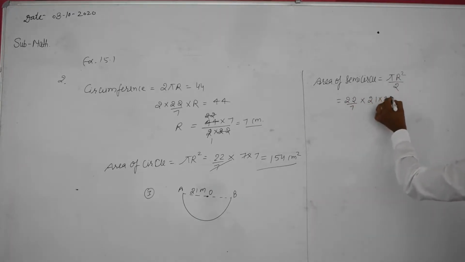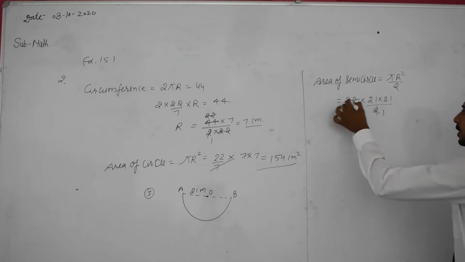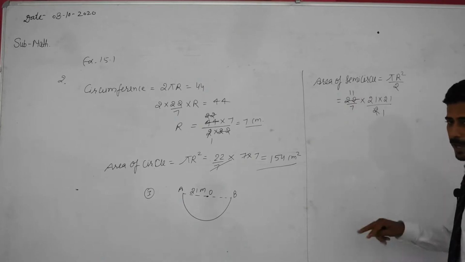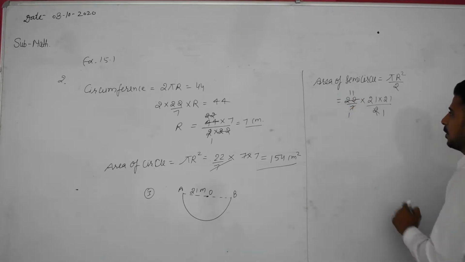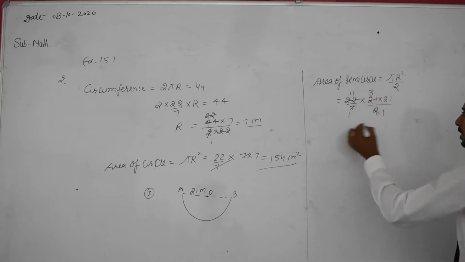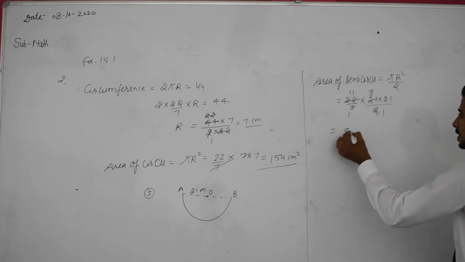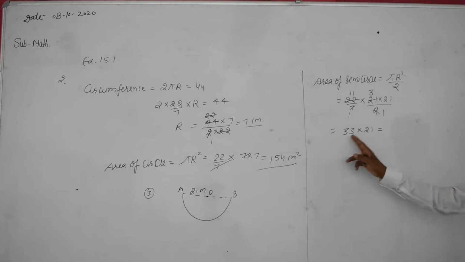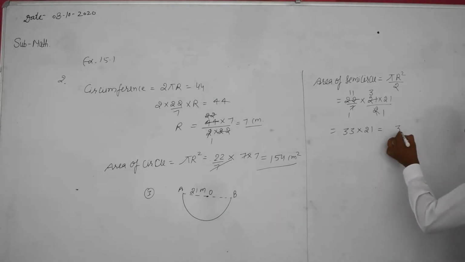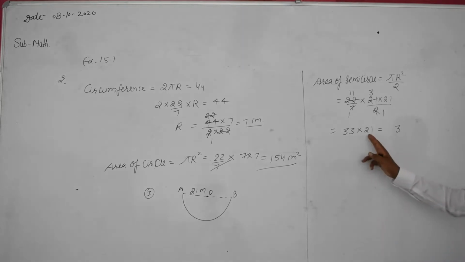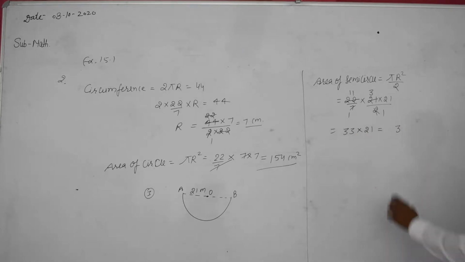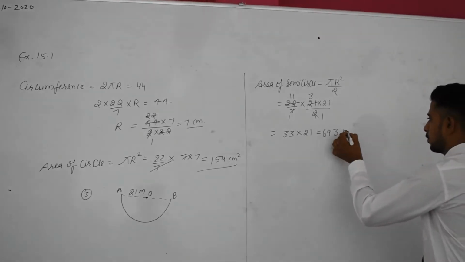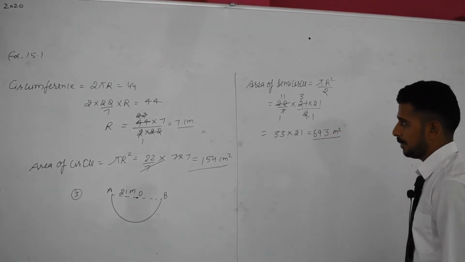Square of 21 is 21 into 21 upon 2. 2 1s are 2, 11 2s are 22. Next, in denominator 7, 7 1s are 7, 7 3s are 21. Then value is 11 3s are 33 multiply by 21. 21 into 3, 63. 3 carry 6, 21 3s are 63 plus 6, 69. Then value is 693 square meter is the area of semicircle.